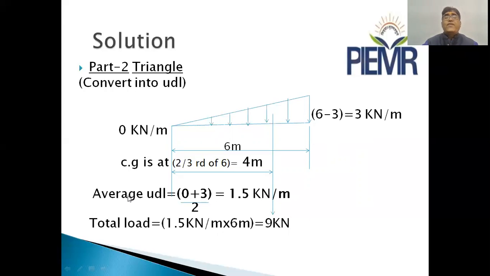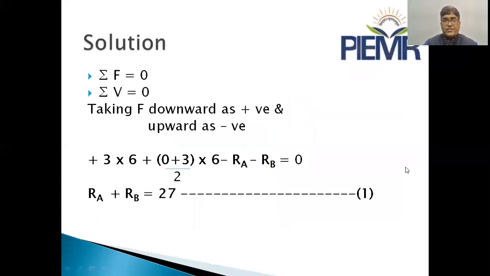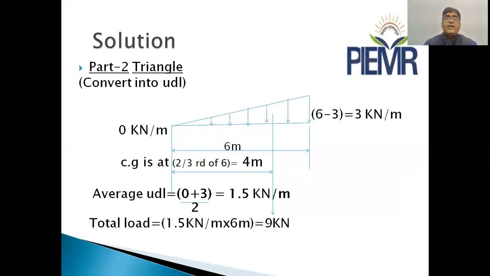So here, students, I have converted the UVL into an average UDL first, and then the total load, which is concentrated at the center, we will find by multiplying the average UDL by the span. So 1.5 kilonewton per meter multiplied by 6 meter, meter to meter cancels, and 1.5 into 6 comes out to be 9 kilonewton. So this was the calculation part for both figures, triangle and rectangle.